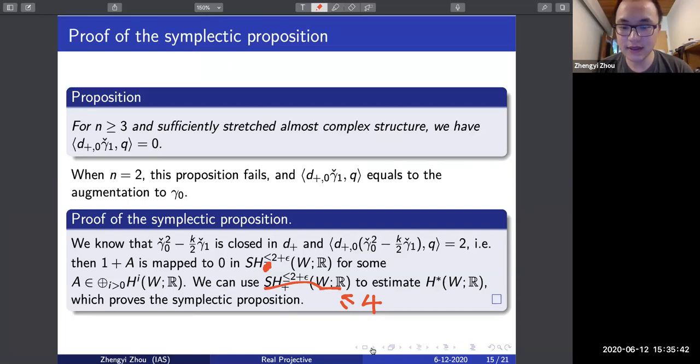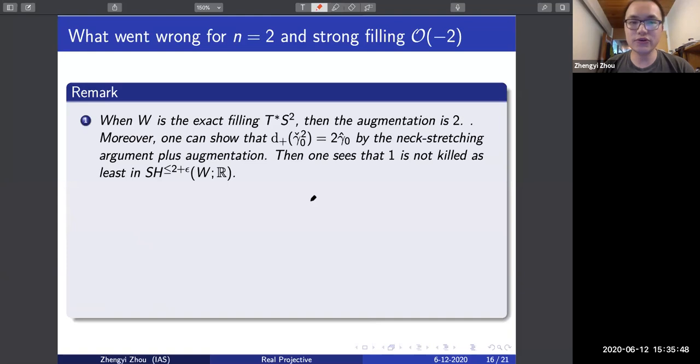All right. So let me explain what happens for the n equals 2 case. When n equals 2, let's take the exact filling, which is the cotangent bundle of the sphere. Then, as I said, the last proposition, the d plus 0 of gamma 1 check, is equal to the augmentation to gamma 0, and this augmentation is actually 2.